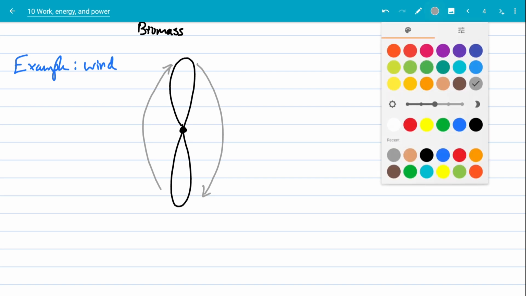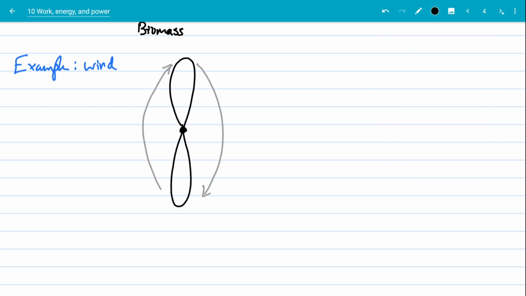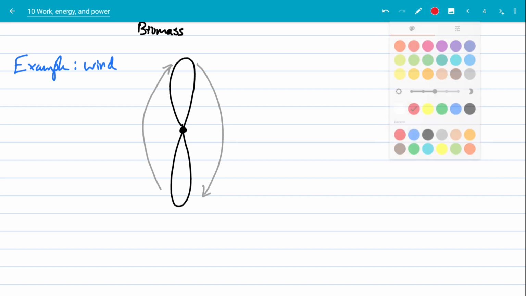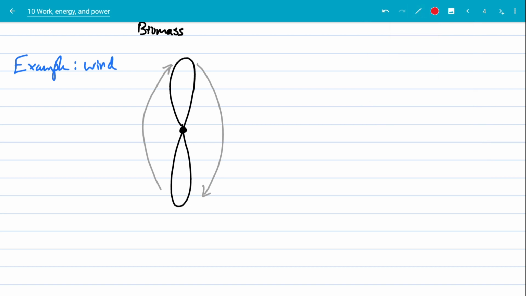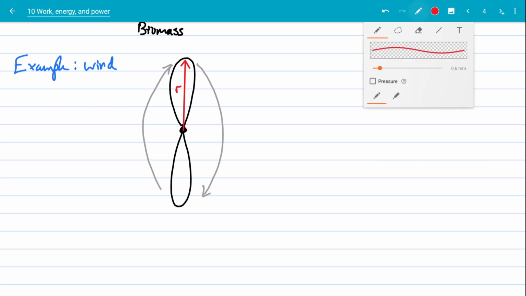And maybe we're interested in the maximum power that can be generated by these wind turbines. So let's add some measurements to this. Let's say that the radius of the wind turbines, let's call that R, just like that. And that's going to have an impact.